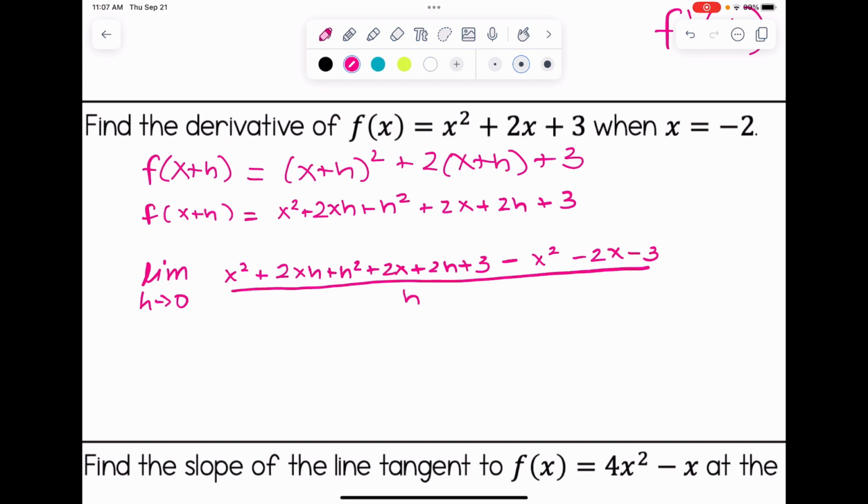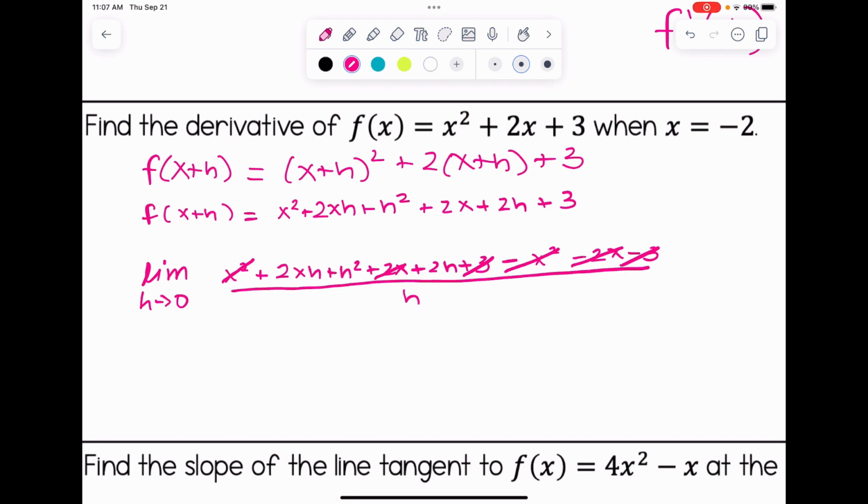Let's see what we can simplify in the numerator. If you do this correctly, every term in the numerator that does not have an h should end up going away. So x squared and negative x squared, 2x and negative 2x, 3 and negative 3. Okay, all of those terms did not have an h, and they all disappeared.